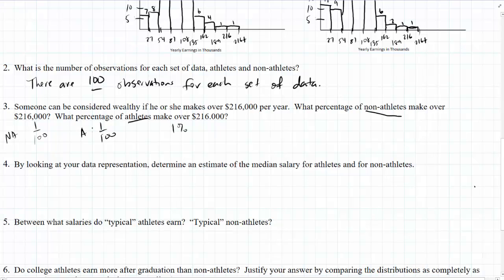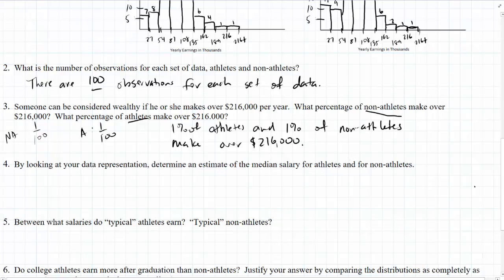So 1% of athletes and 1% of non-athletes make over $216,000 a year.